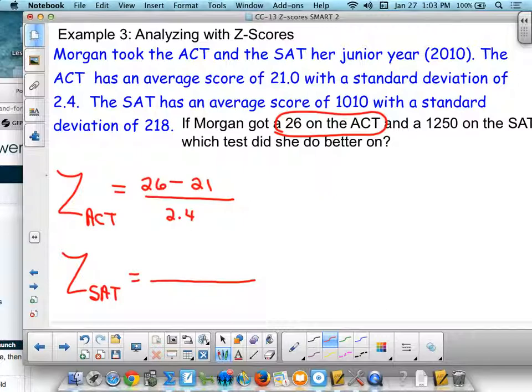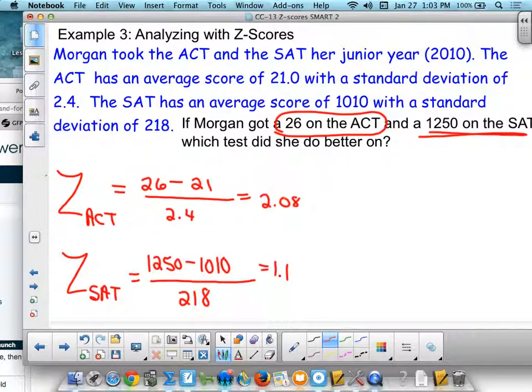She got what on the SAT? 1250. Take away the average, 1010. Standard deviation 218. Z-scores are, guys listen please, 2.08, and the other one is 1.1.